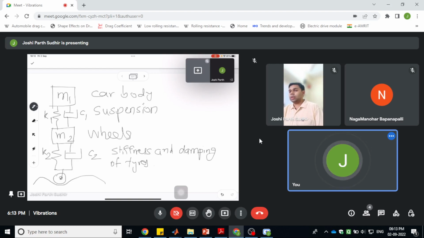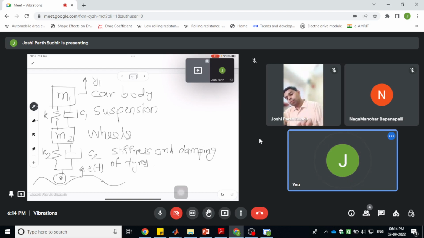So let us say the wheels go over some bump or some obstruction, then whatever excitation there is, let us call it e of t, that is the displacement of the wheels.